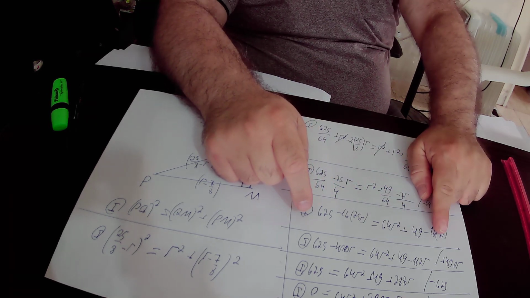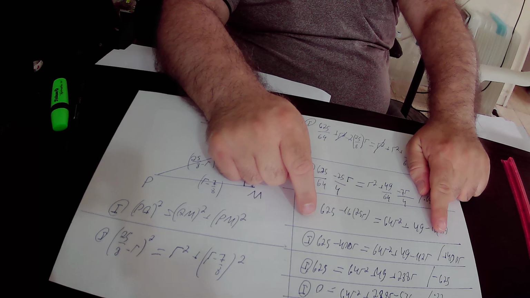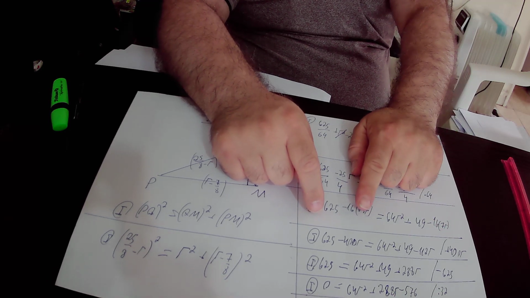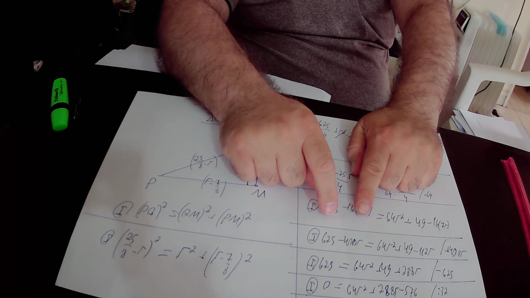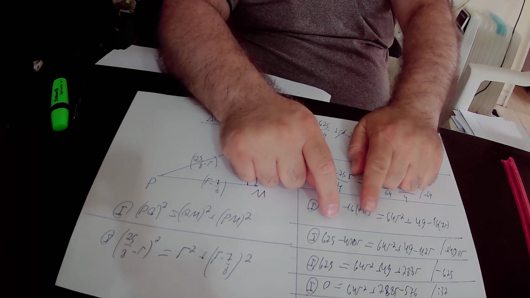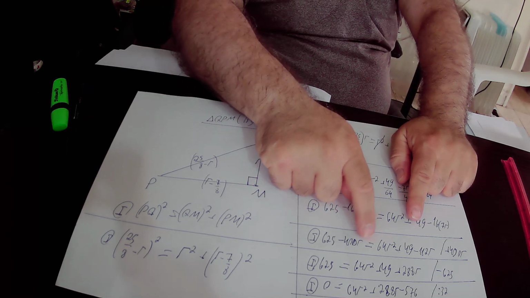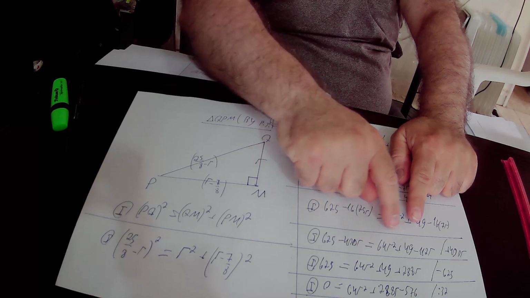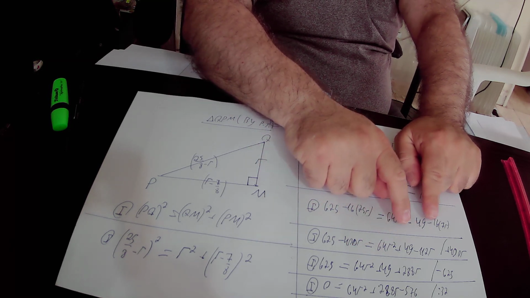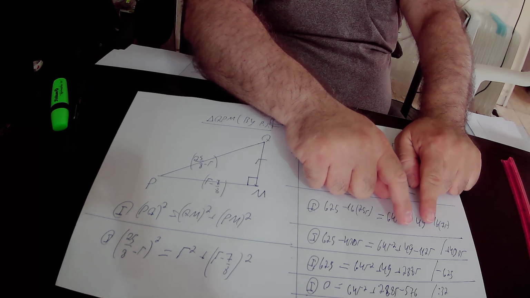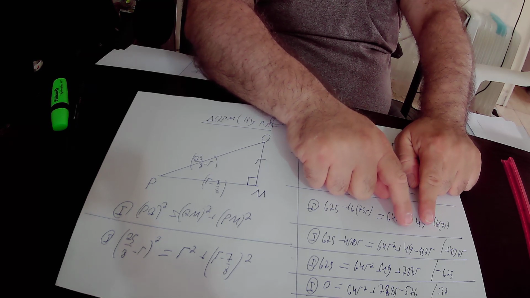Then we added 400R to equation number 1. So we have 625, 400R minus 400R is 0, and we have 64R squared plus 49, and 400R minus 112R is plus 288R.